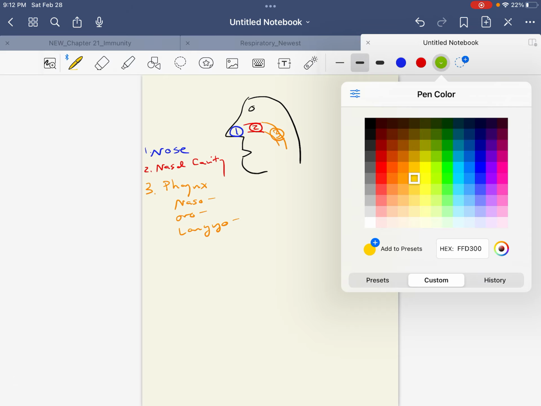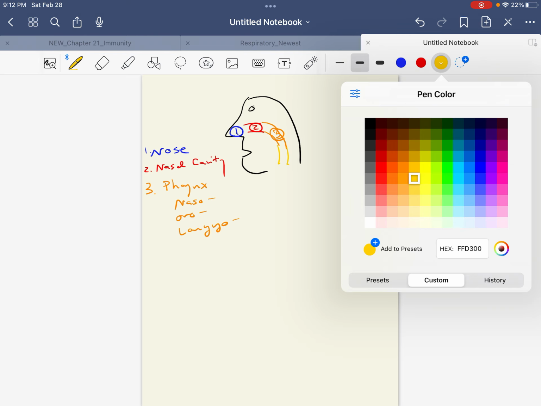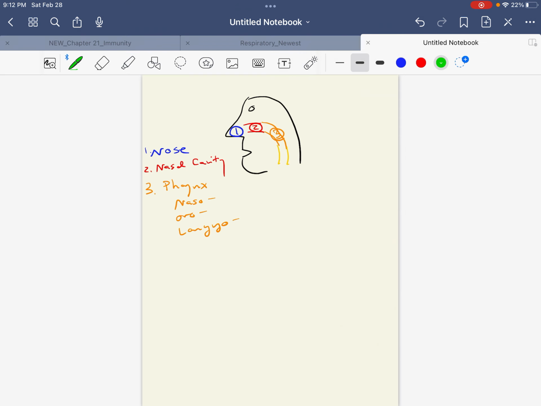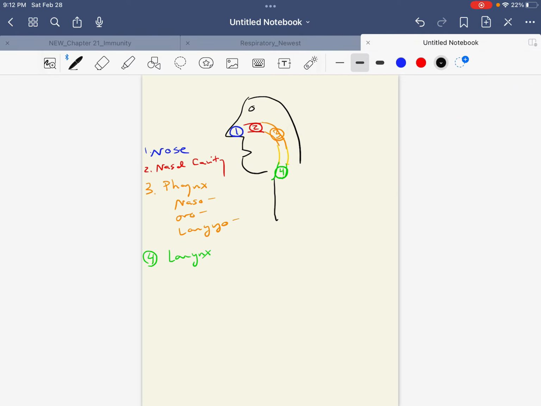I'll make this a little bit longer. This is not drawn to scale, but by now you know that about me. Then we get to the larynx. The larynx has the voice box. From the larynx, we go into the trachea.